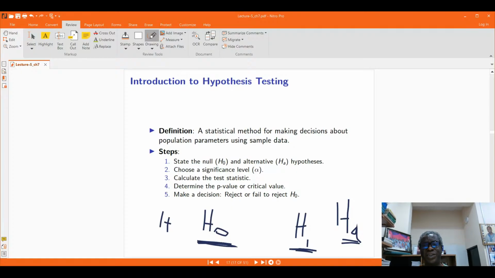After that, the third step is to calculate the test statistic. The test statistic could be Z, which is normal. We could also have other test statistics like T, chi-square, F, but we won't discuss all of that in this course.